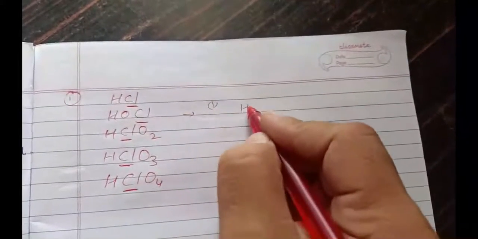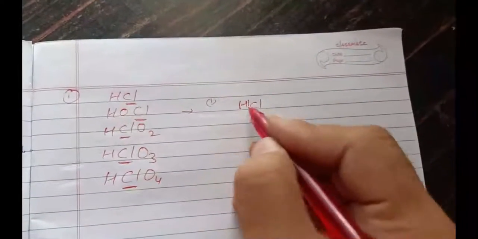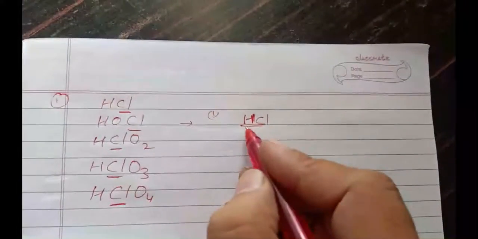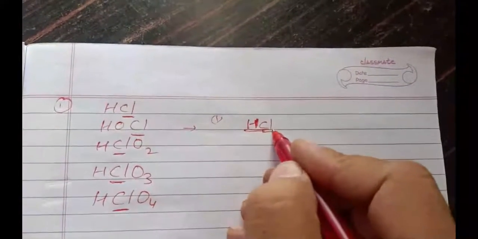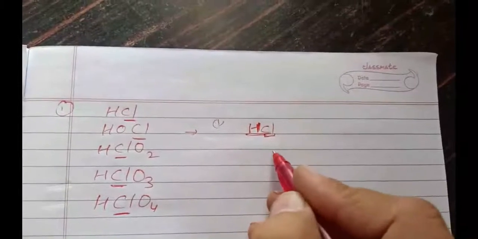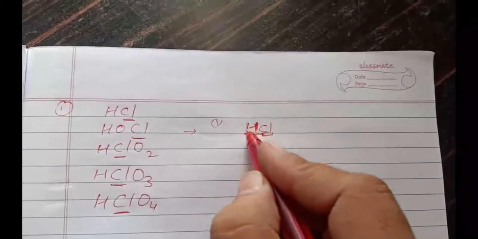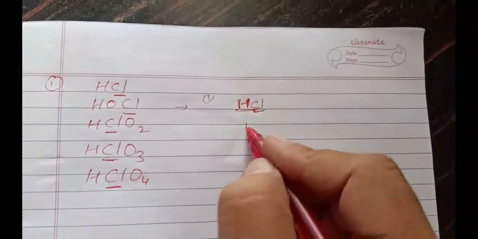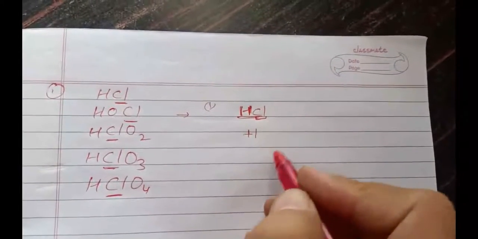Number 1, the way to calculate oxidation number is something like this. For example, HCl, we have to find the oxidation number of Cl. We already know that the oxidation number of hydrogen is +1, so we write +1 first here.